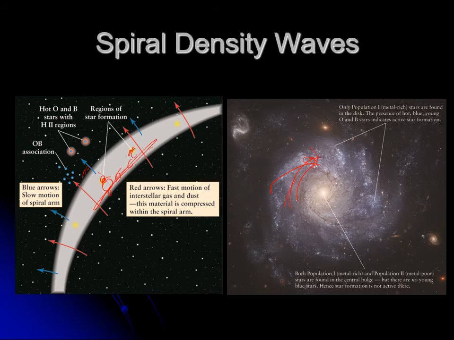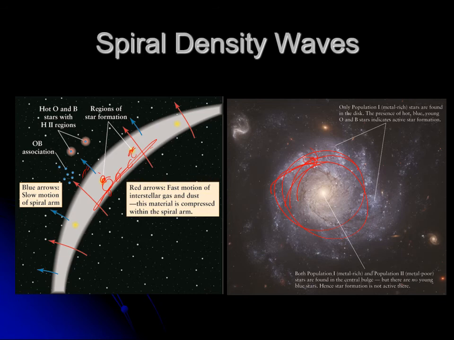The actual stars are going around much faster than the arms move. And so the arms are moving at a much different speed than the stars themselves in the galaxy are moving. This is why the spiral arms are more stable than you would expect from differential rotation, which should rip them apart.